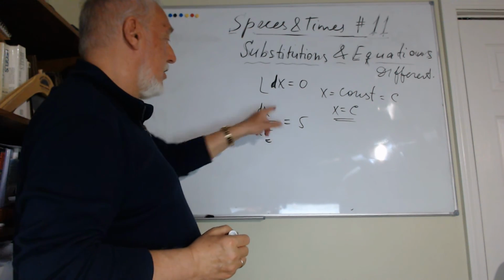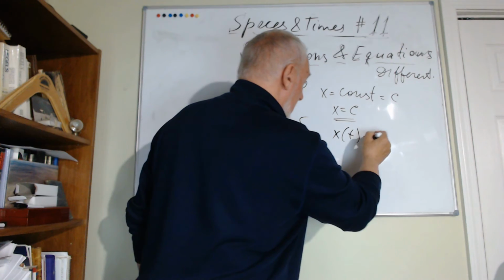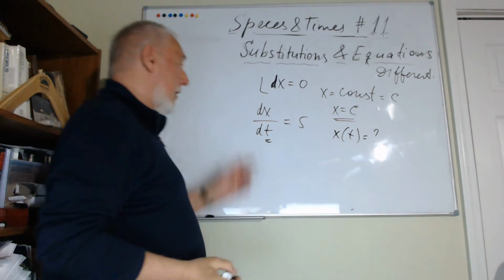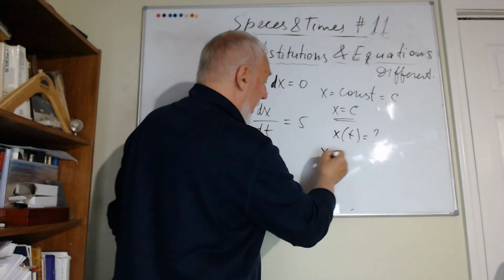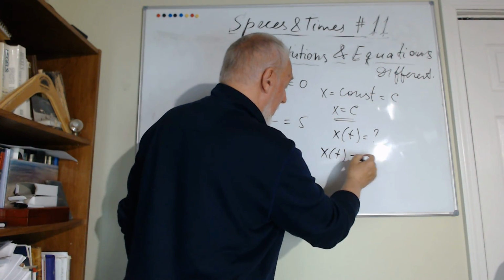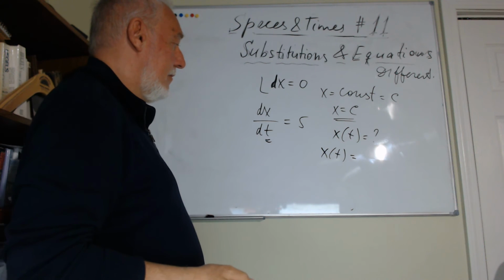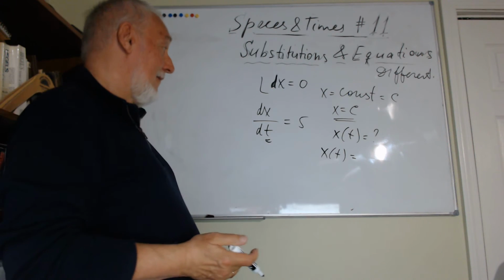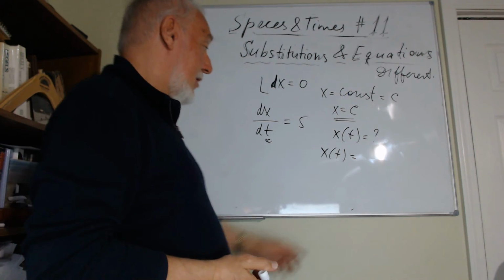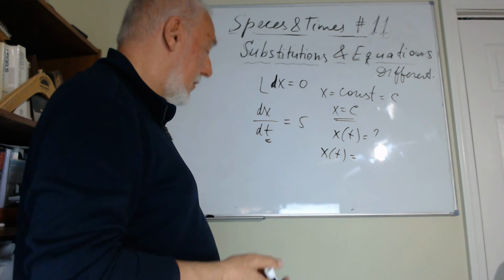We're looking for x as a function of t, and this derivative equals 5. So in this way, guess: the derivative of what function equals 5? We need to find some function whose derivative will be 5.